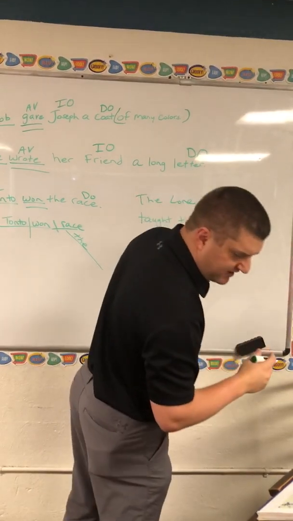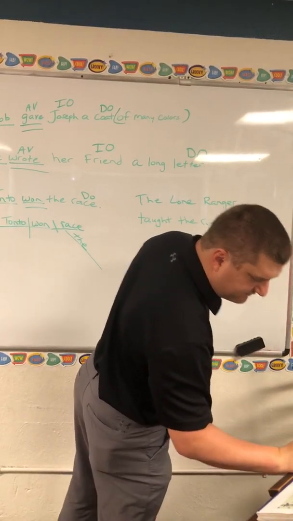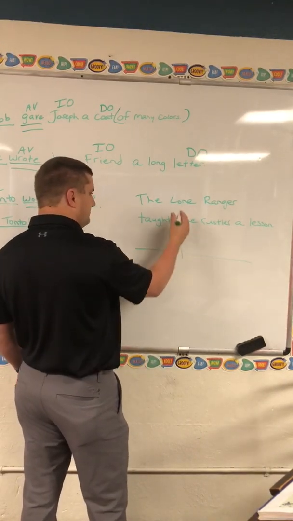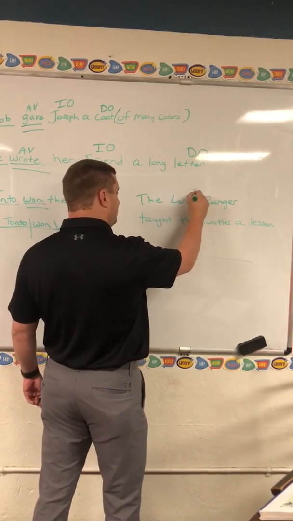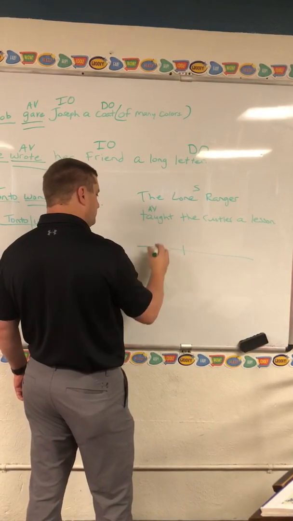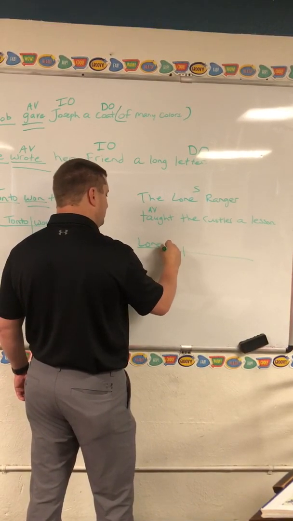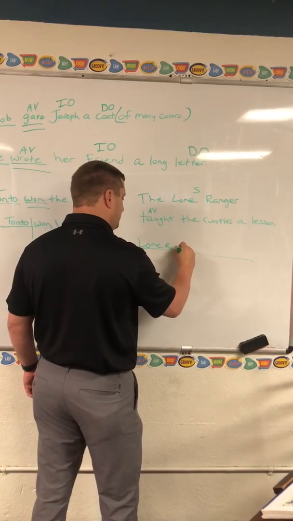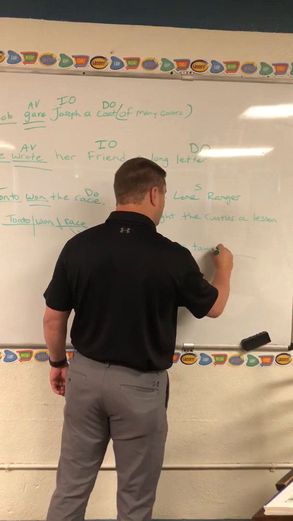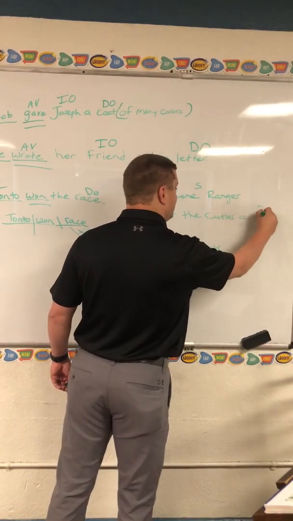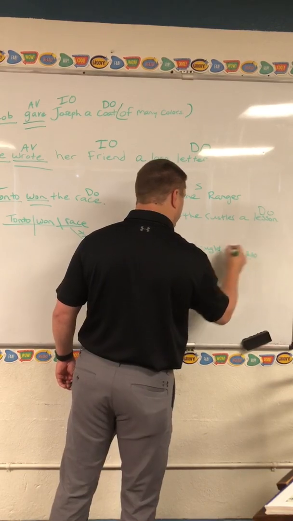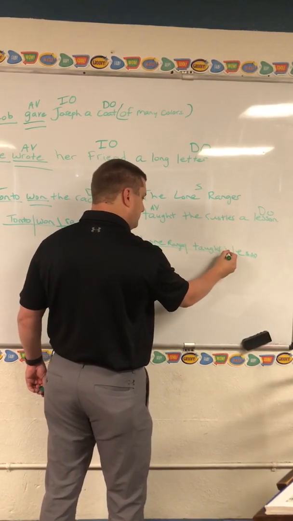With the indirect object, again, your normal line. Subject is Lone Ranger. Verb is taught. So Lone Ranger goes over here, then taught. What did he teach? Lesson. So lesson goes right here. Remember, it's just another straight line.